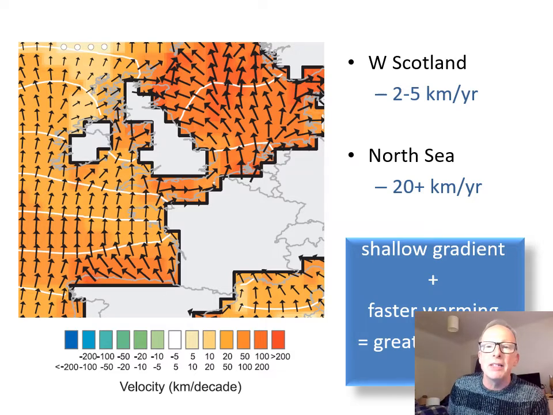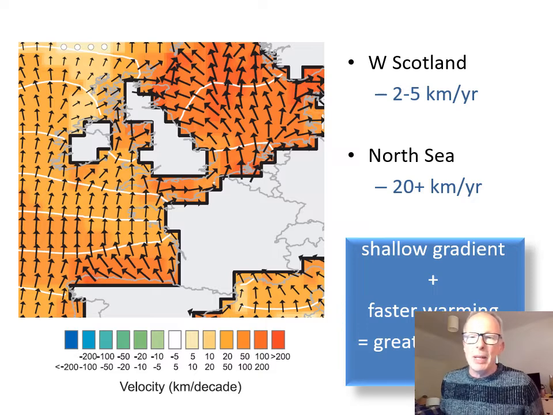And the result of that is that over the past 50 years, the velocity of climate change on the west coast is only around 2 kilometers per year, or 20 kilometers a decade, whereas in the east and the North Sea, we're getting places where the velocity of climate is 20 kilometers a year or 200 kilometers a decade. Really big shifts in the North Sea.